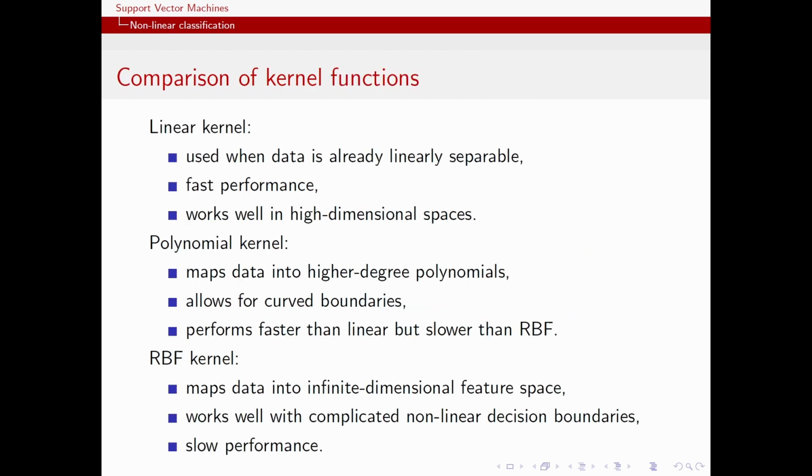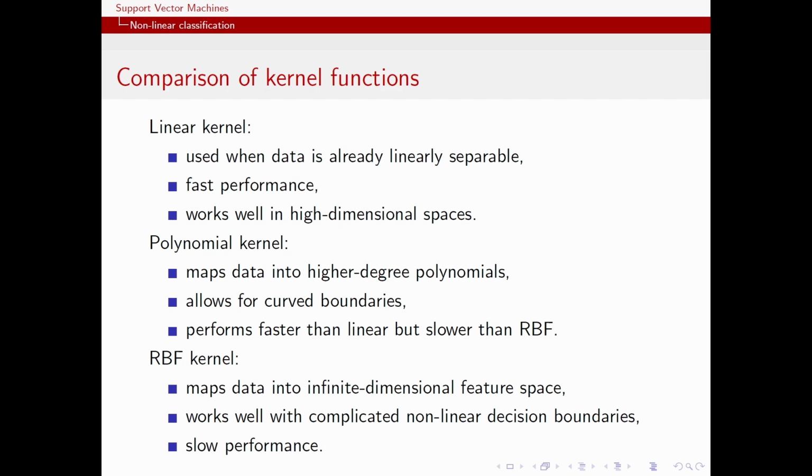Now let's look at the comparison of the kernels between each other. The linear kernel is used when the data is already linearly separable, as the only thing that we are doing is the dot product, and it is relatively simple, so it is relatively fast compared to the other kernels. And it works well if the data is in high dimensional spaces, since we are not adding more dimensions.